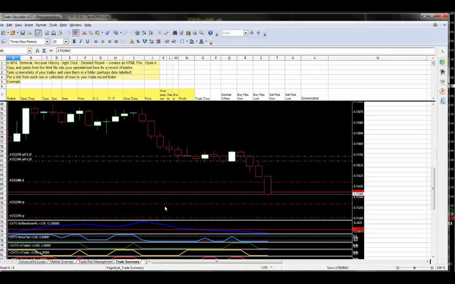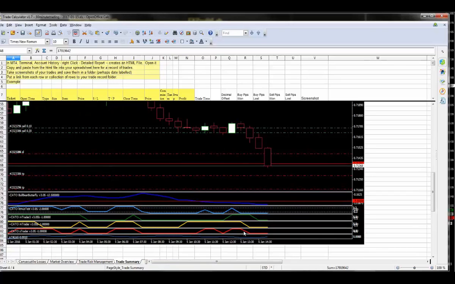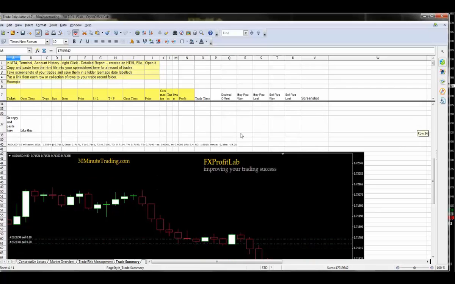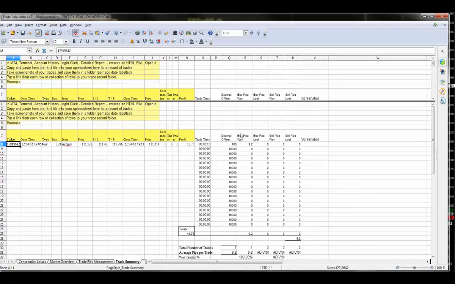And if you keep a record of every trade and after the event analyze it, so you could take a snapshot when you enter the trade, you take a snapshot later on during the trade or at the end of the trade, you can then analyze whether your trading decision was made successfully or not, whether you made a good trading decision or not, because sometimes you'll make winning trades that are bad trading decisions.